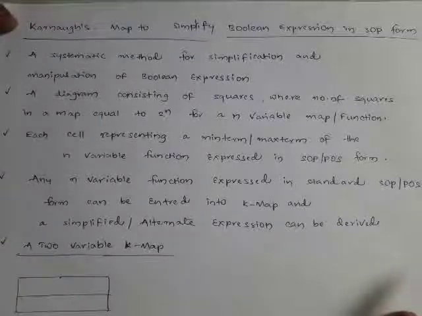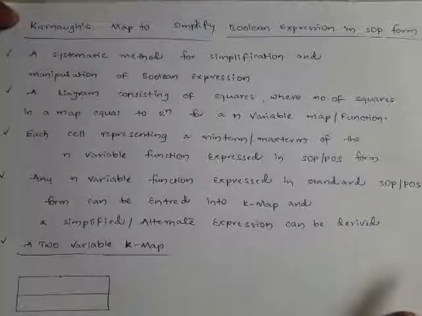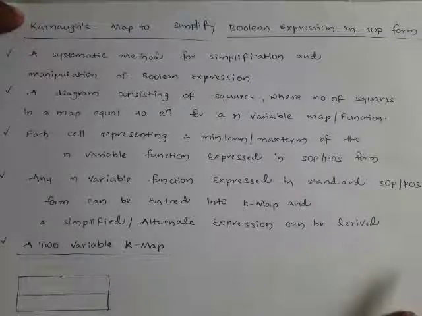If you take an n variable function, there will be 2 power n minterms and 2 power n maxterms. The K-map also has 2 power n squares corresponding to a minterm or maxterm of the function.